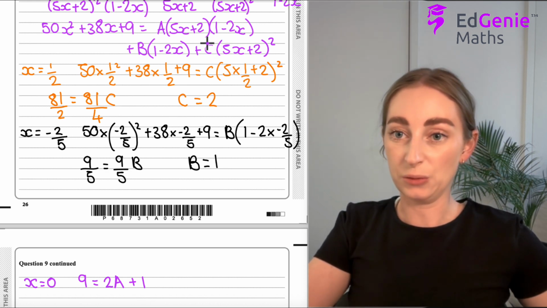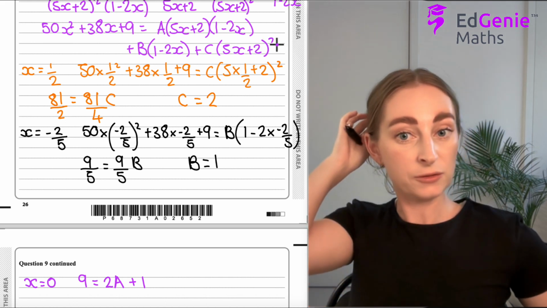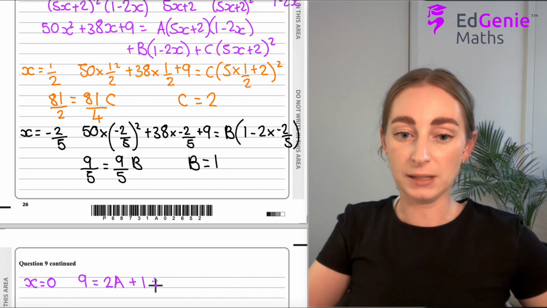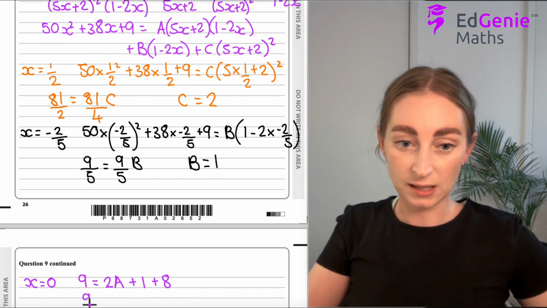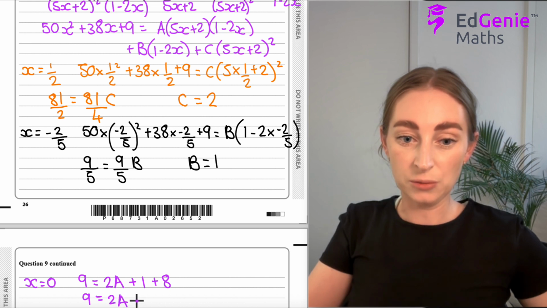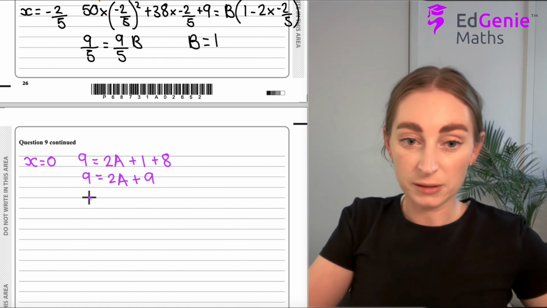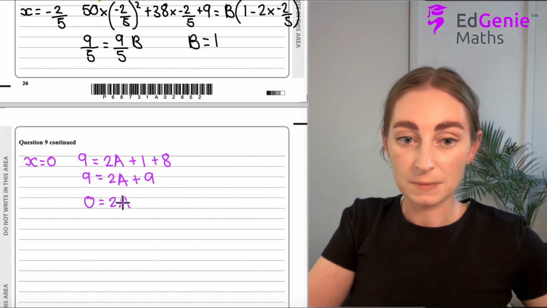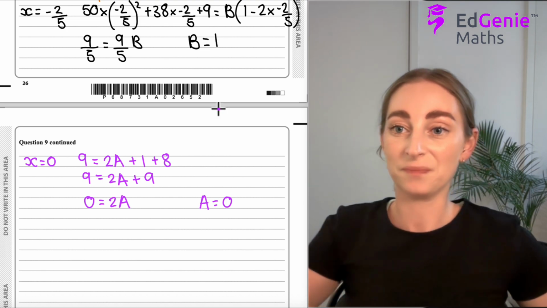C is 2. 2 times, that's 0, 2 squared. So 2 squared is 4, times that by 2 is 8. And look, this looks really nice now because 9 equals 2A plus 9. So you can see actually that A must be 0. Take away 9 from both sides. So therefore, A equals 0.